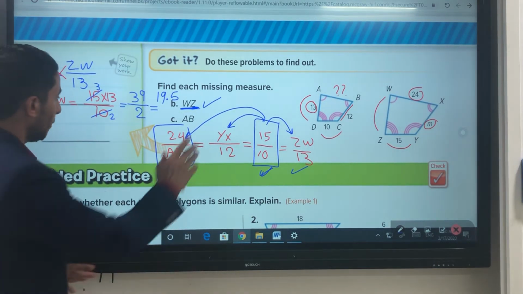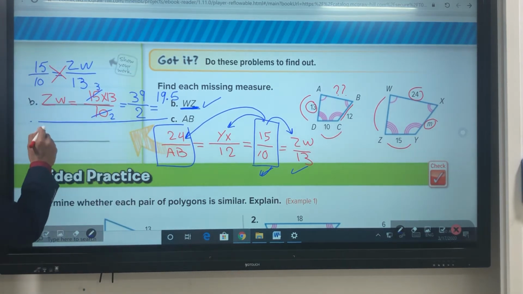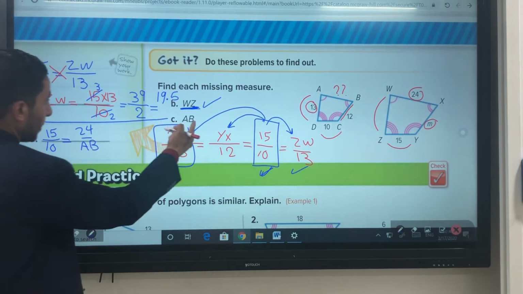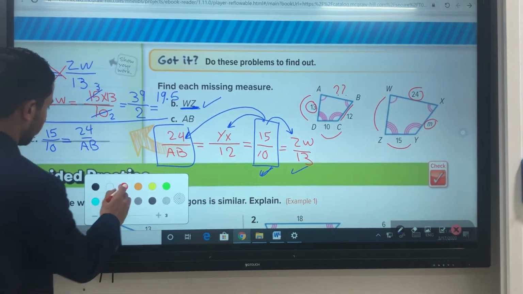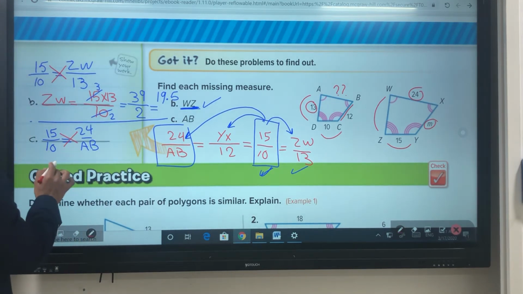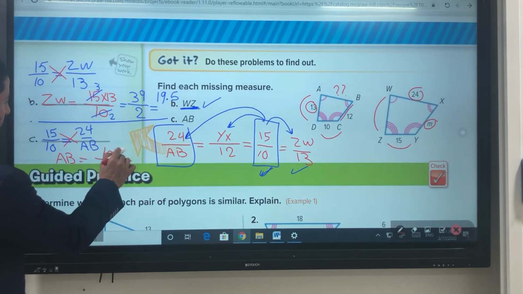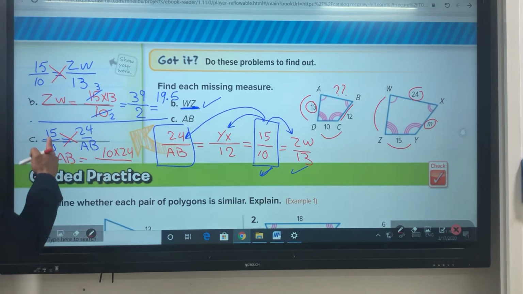So 15 out of 10 equals 24 out of AB. Find AB. How can I find it? Cross multiplication. So AB equals 10 times 24 over 15.